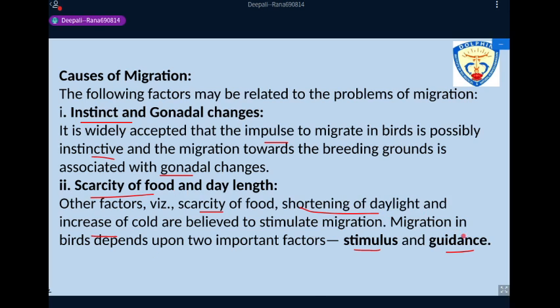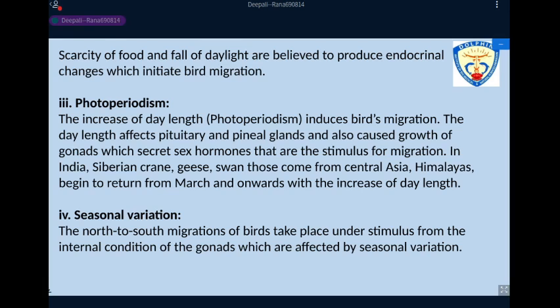Okay, so these two act together, and this helps the bird to start the process of migration. Then the scarcity of food and fall of daylight are believed to produce endocrinal changes, and this helps in initiating bird migration.